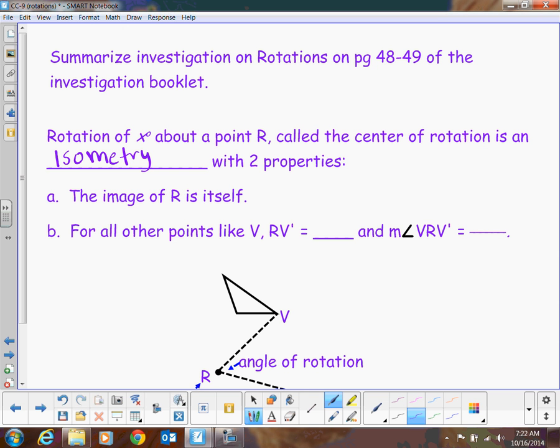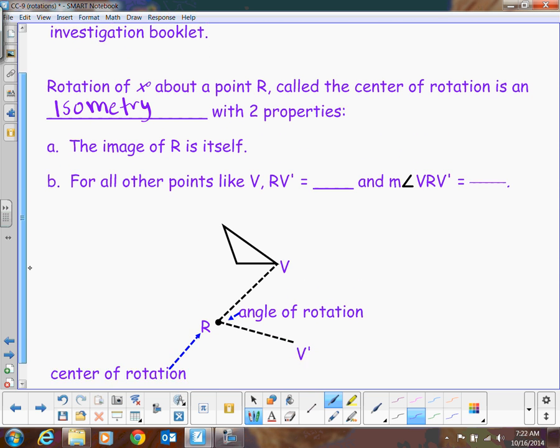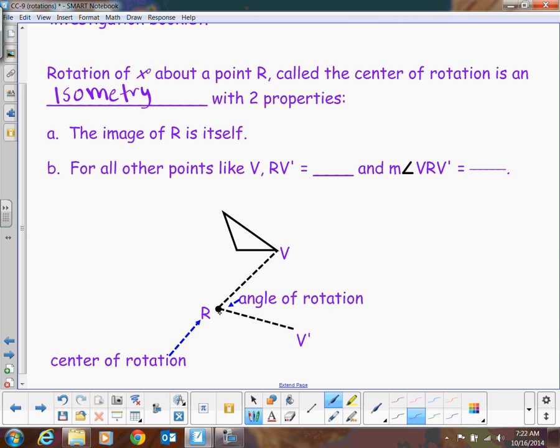The image of R, if you want the image of its center, is going to be itself. Then for all points like V, RV prime is going to equal RV. And angle VRV prime is equal to the x degrees that we talked about up here.